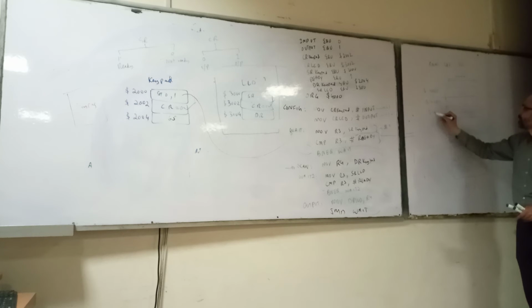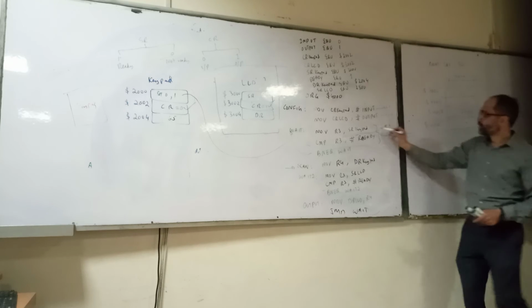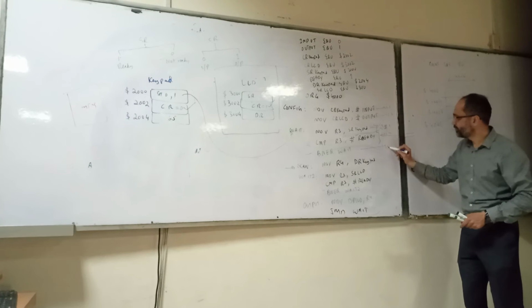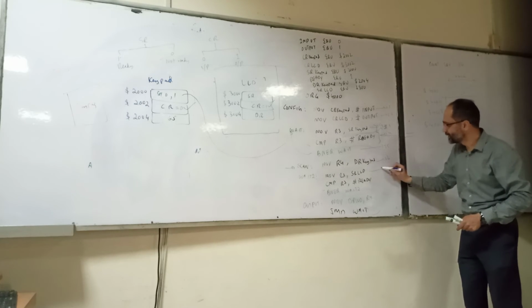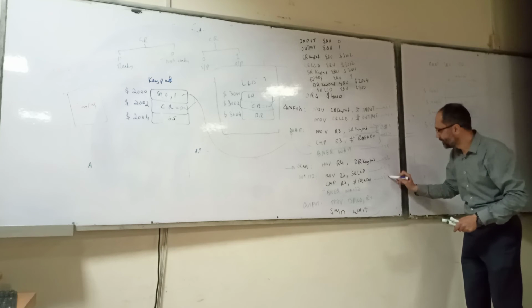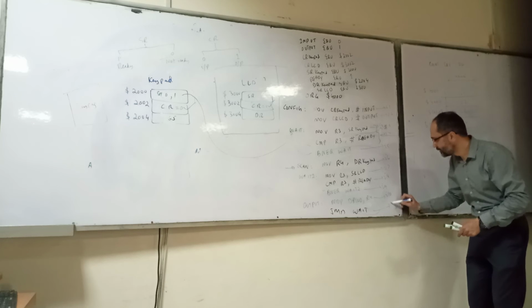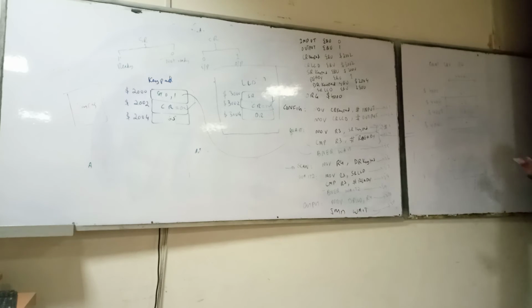Then I3 is here. What will this address be? $400C. Which instruction? I4, I5, I6, I7, I8, I9, I10, and then I11.